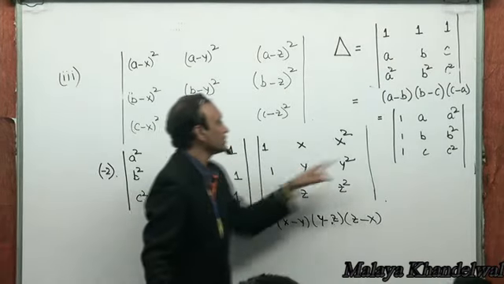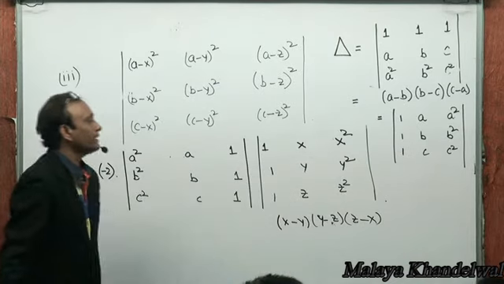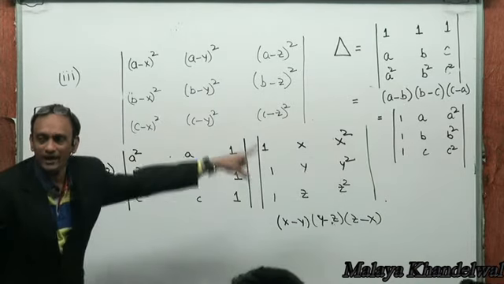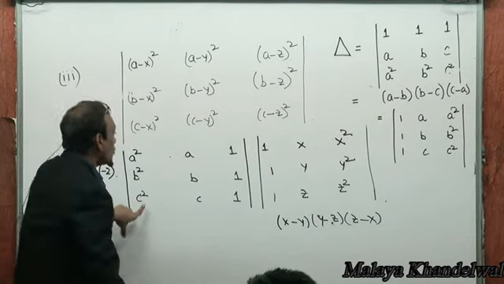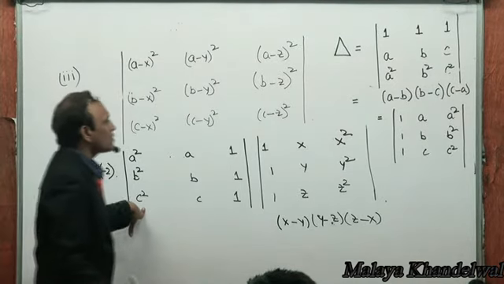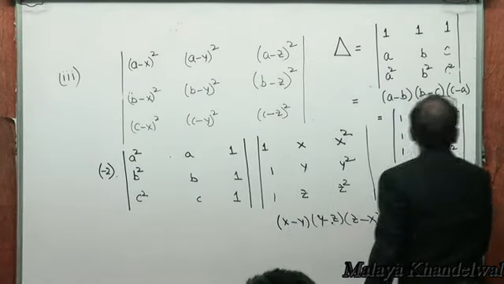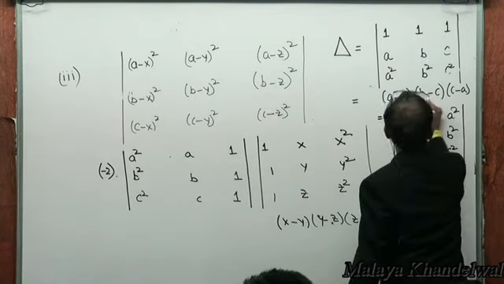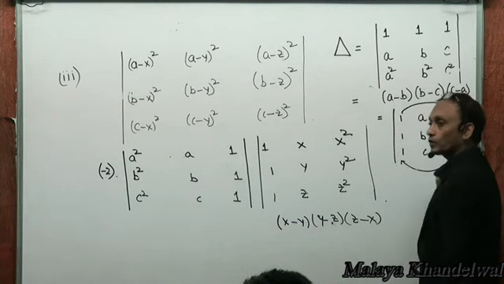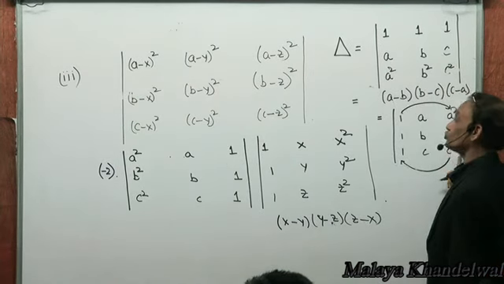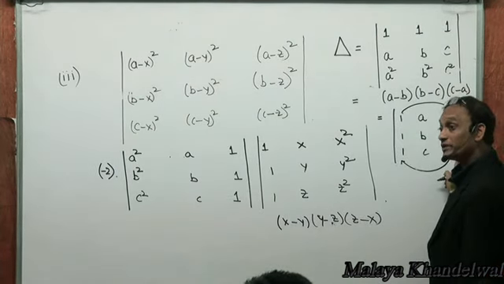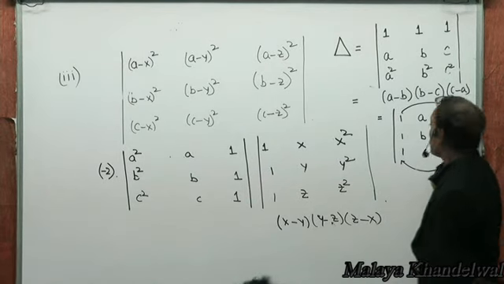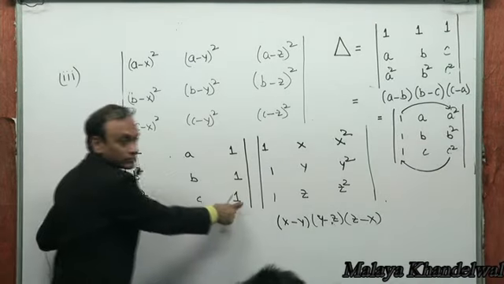Look at the formation. Instead of x, y, and z, you have a, b, and c. Same thing, right? Now look at this. See, I could have transposed this here, and I could have transposed this there. What would happen if I interchange these two? The sign of the determinant would change, right? This is how it is obtained.